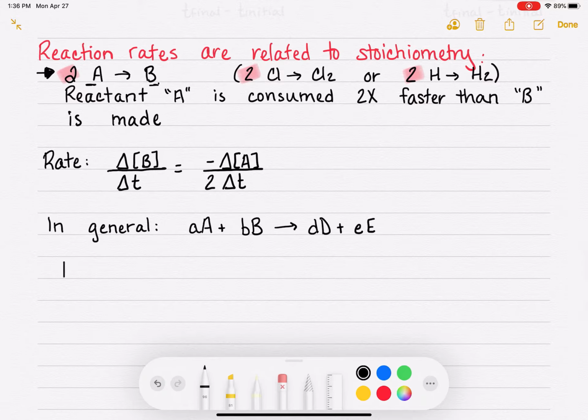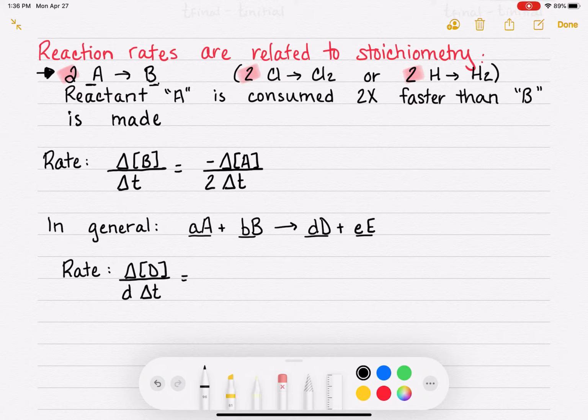And we can write an average rate calculation for any one of the 4 things in this equation. So for our products, it's just going to simply be the change in concentration of our product over the change in time. And we're also going to include the stoichiometric coefficient in there as well.